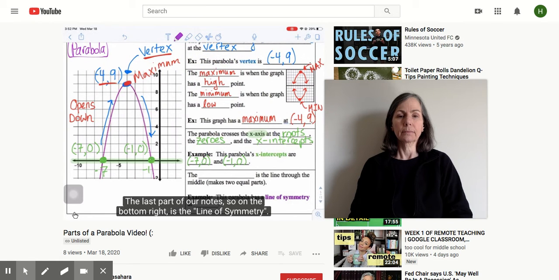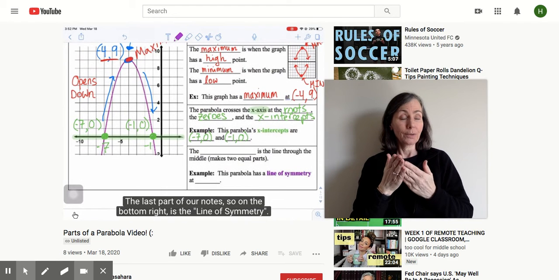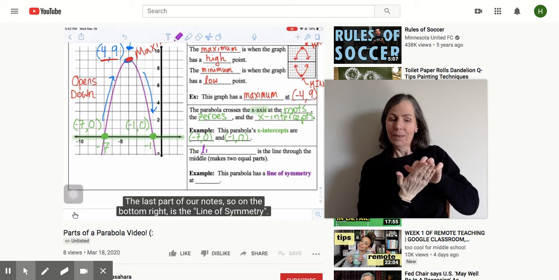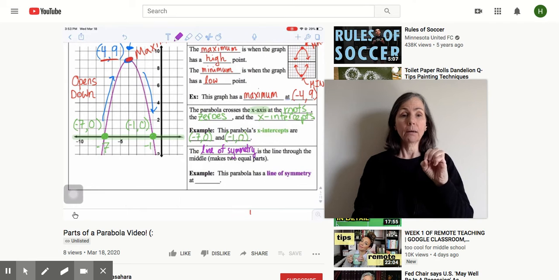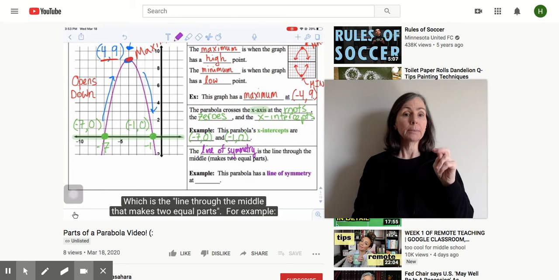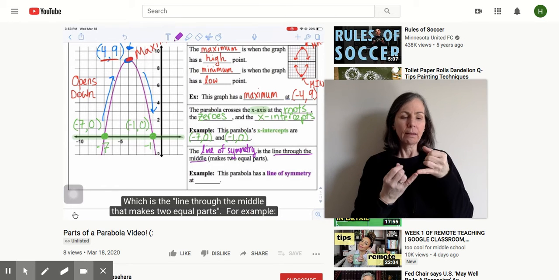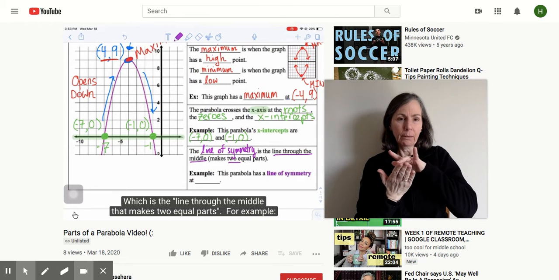The last part of our notes, so on the bottom right, is the line of symmetry, which is the line through the middle that makes two equal parts.